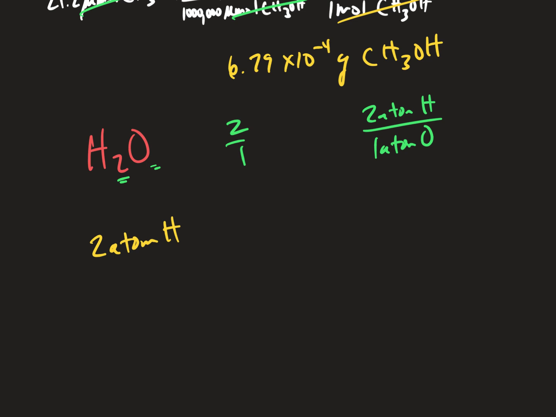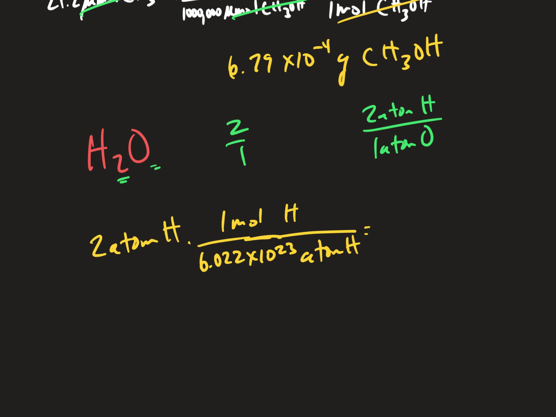So 2 atoms of hydrogen. Now let's convert this to moles. If you want to write it down, you can. I'm not saying don't, but I'm saying you don't have to. So 6.022 times 10 to the 23 atoms of hydrogen. Good? What goes on top? 1 mole of hydrogen. You follow?